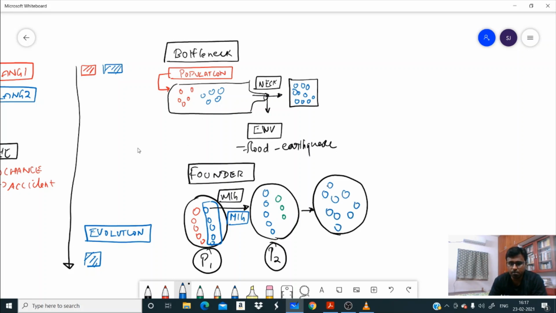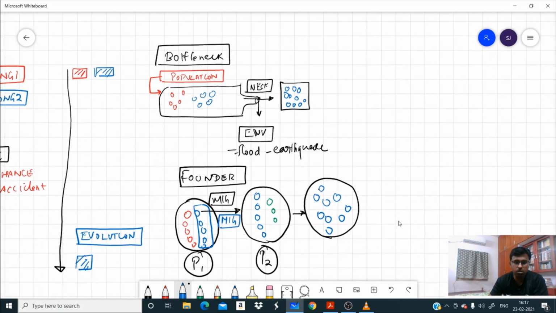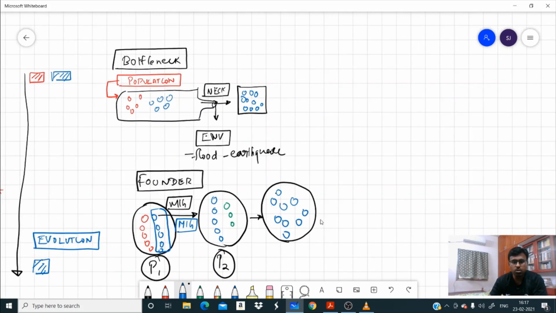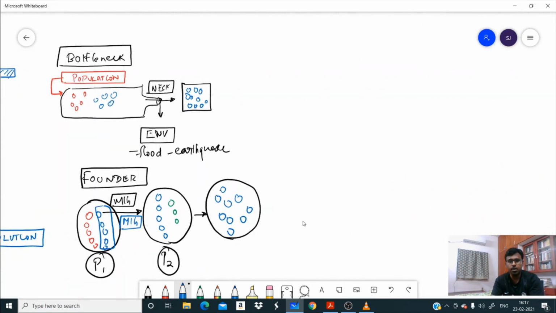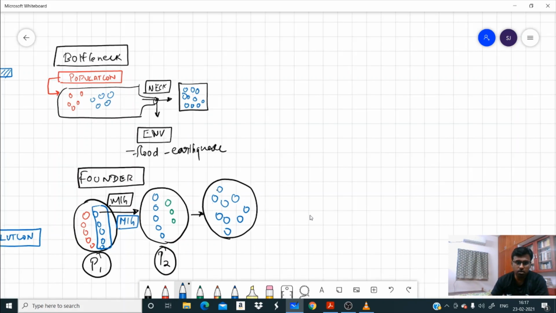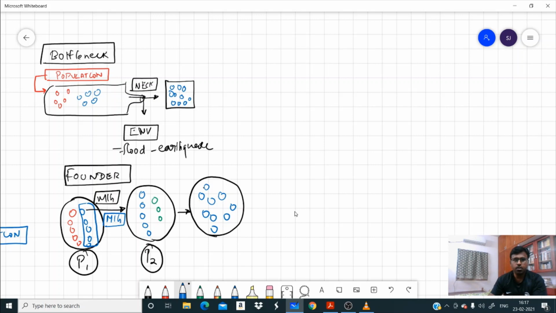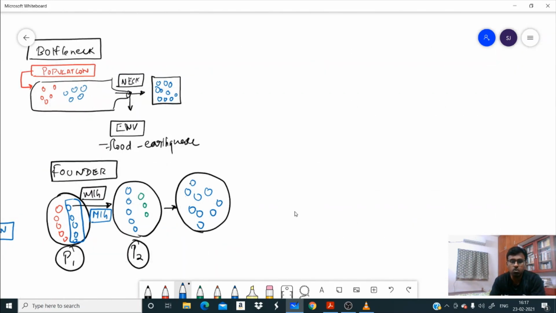So the gene frequency has changed from one allele to the other not naturally, but because of this selective migration and increase in a specific allele in that population. This is called the founder effect. These two are the processes through which genetic drift occurs.